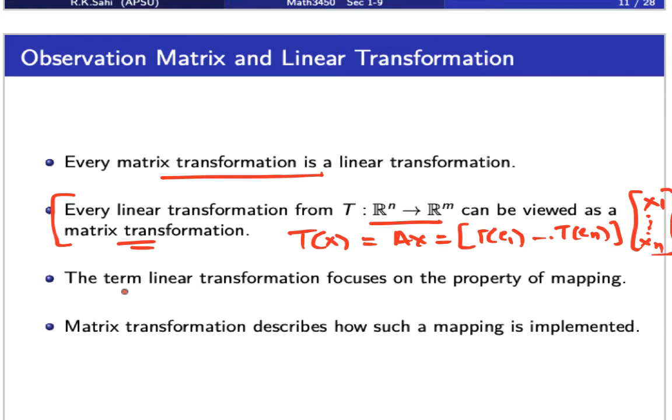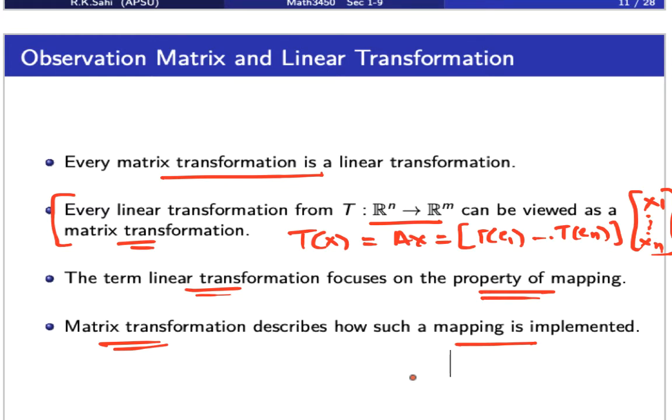Now the term linear transformation focuses on the property of mappings, because a transformation is a mapping, whereas matrix transformation tells us how this mapping can be implemented.